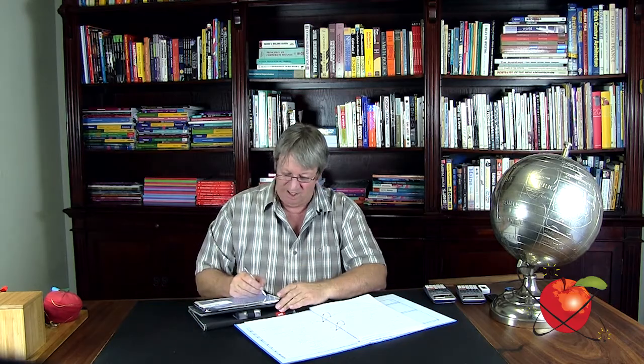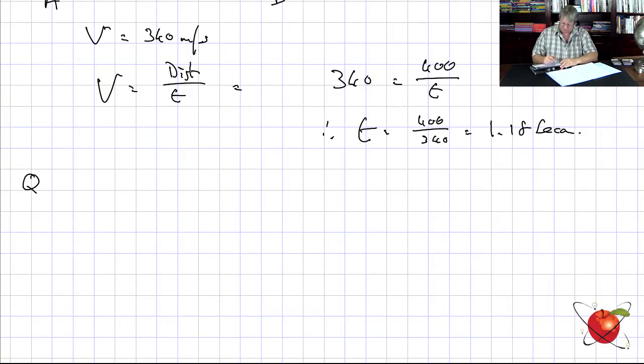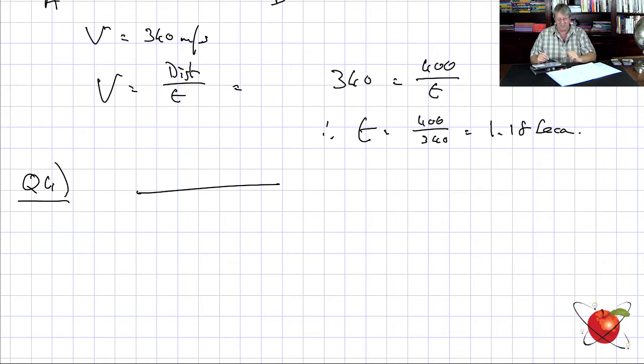So what they've told us here, this is question 4. These wavelengths, these transmission lines, the frequency is given, and I think they gave us 50 hertz, right? Incidentally, what is the period?